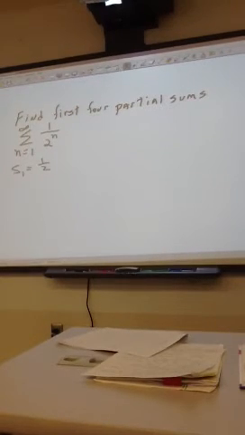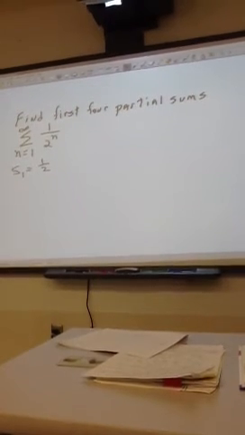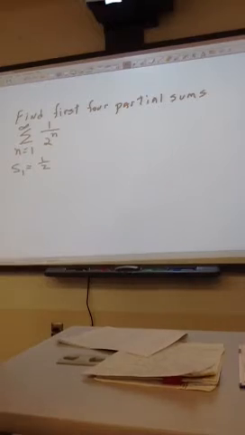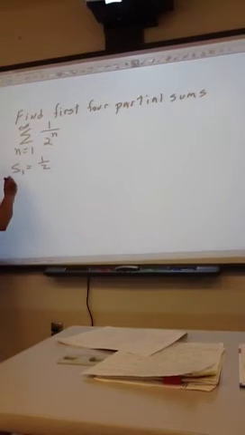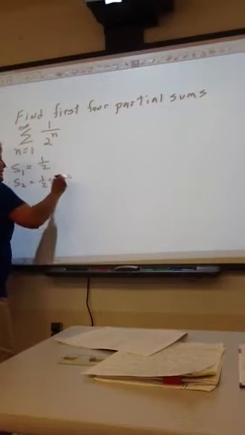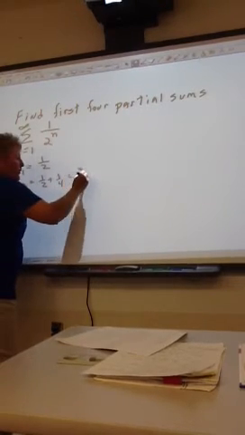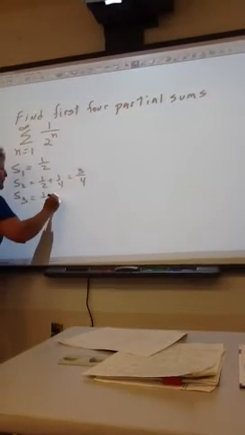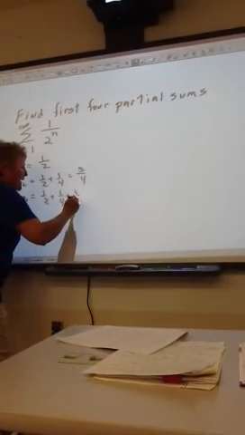Those are the correct numbers. So the first one was 1/2, and then the second one would be 1/2 plus 1/4. That's 2/4 plus 1/4, so 3/4. And the third partial sum is 1/2 plus 1/4 plus 1/8.